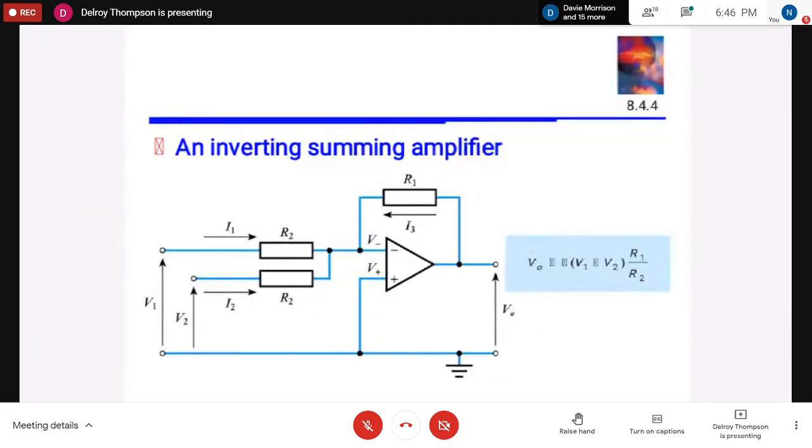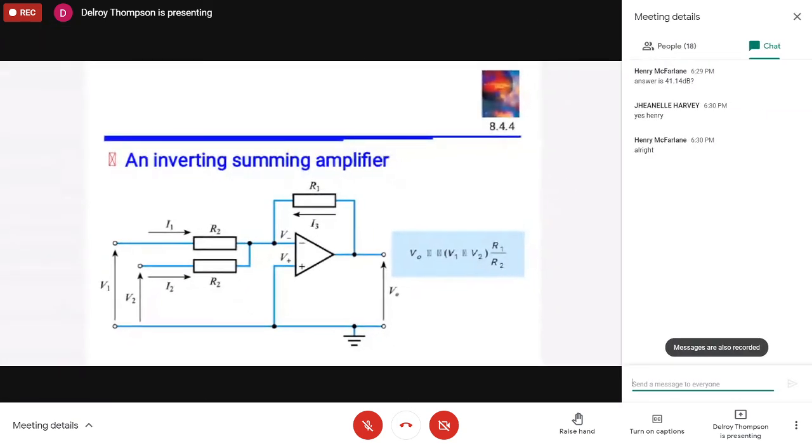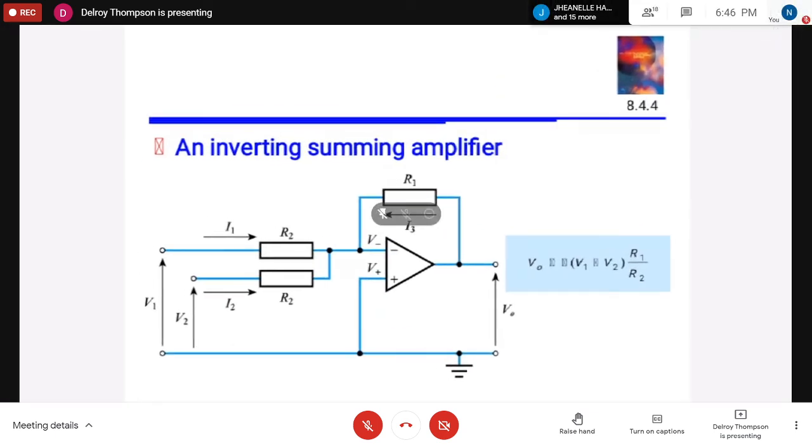Exactly. That is the current that is being fed back, IF or I3 if you wish. Current equals to what? Voltage over resistance. What voltage would we have being fed back? Output, VO, sir. What resistor? The feedback resistor. So therefore, IF in terms of voltage and resistor would equal VO over RF, right?